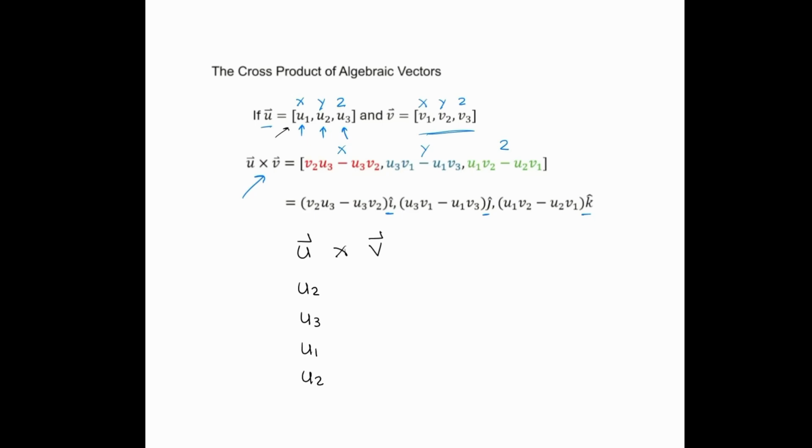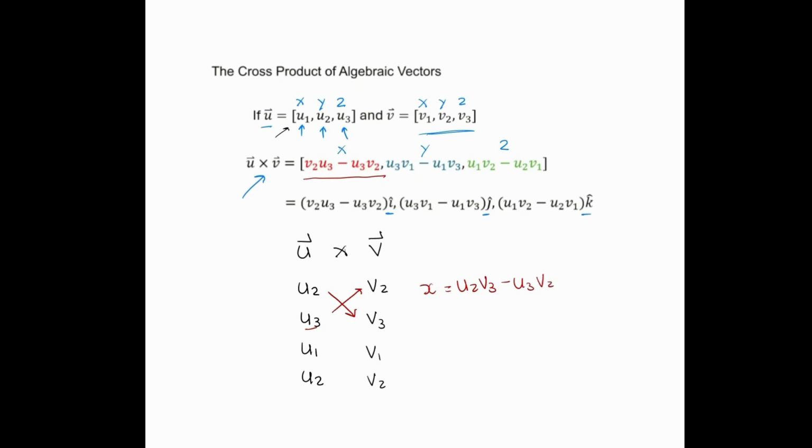I'm going to do the exact same thing for vector v. v2, v3, v1, all the way back around to v2. Now, if we take a look at our formula, maybe you'll see where I'm going with this. So my x value will be equal to the cross of the top and the cross of the second one. So it's u2 v3 minus u3 v2.